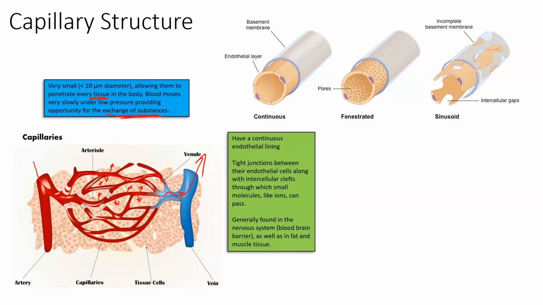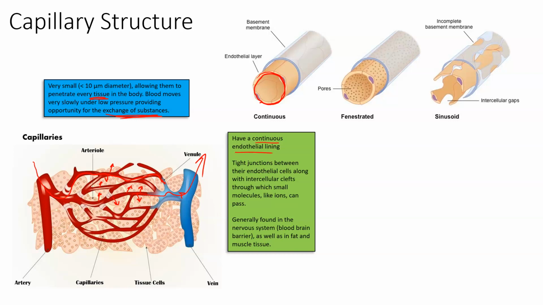Now, the different types of capillaries are continuous, fenestrated, and sinusoid. A continuous capillary has a continuous endothelial lining. This endothelial lining is a single cell thick skin layer, but it's continuous.